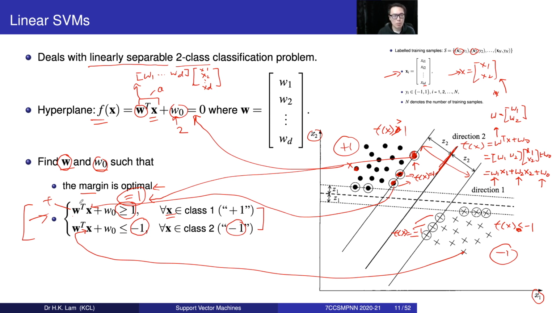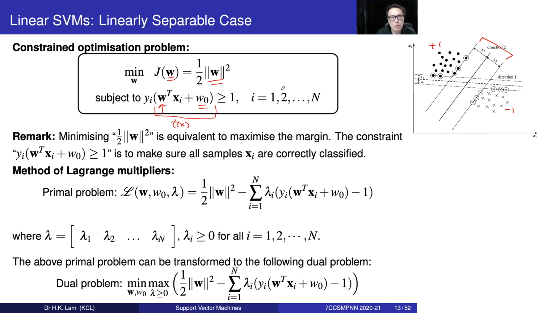So if we multiply yi to W^T x plus W0, for +1, this one is always greater than 1. The same for this one, W^T x plus W0. If we substitute the -1 samples into this equation, it will always give us a negative value.